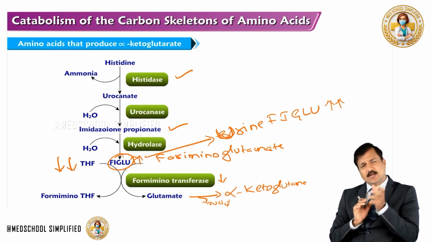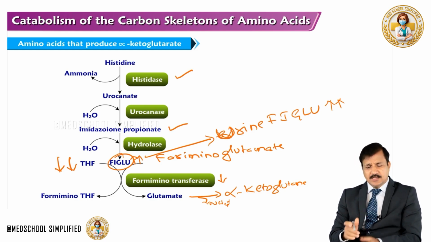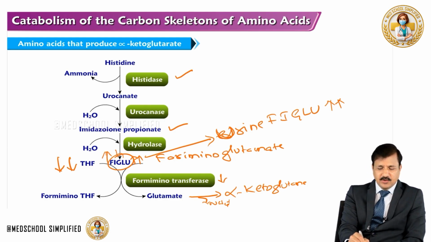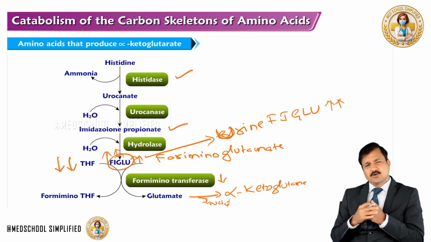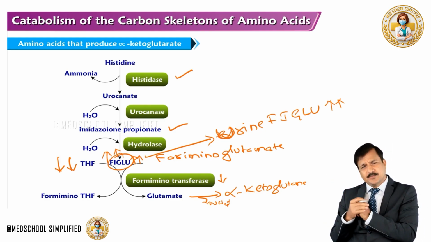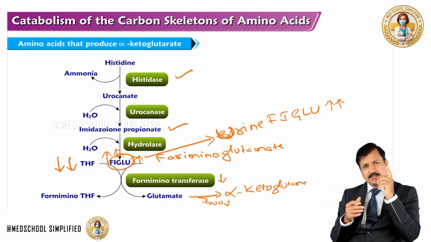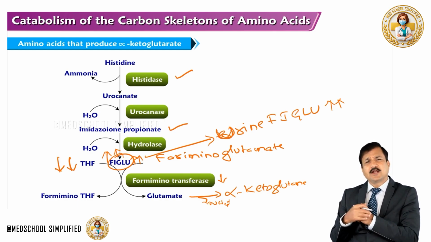So if there is a tetrahydrofolate deficiency, whenever histidine loading is done, there will be a rise in FIGLU because the last reaction doesn't go on. So elevation of FIGLU in the urine sample when histidine loading is done is an indirect indication of tetrahydrofolate or folic acid deficiency. That's one of the applications that you must remember.